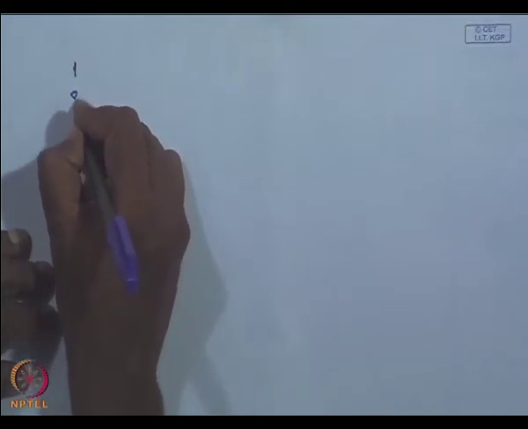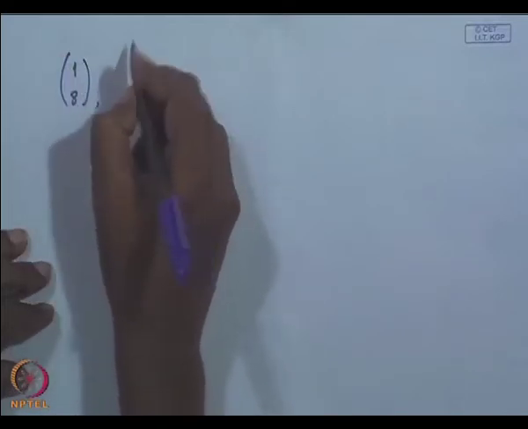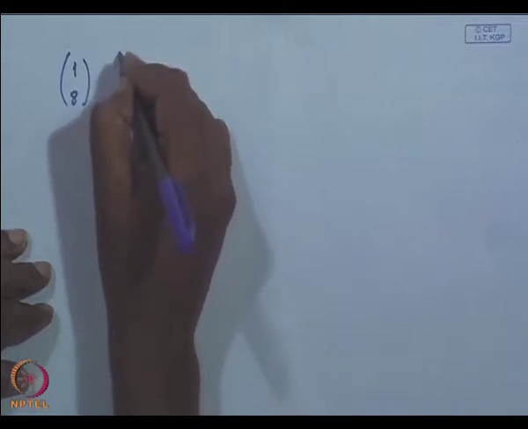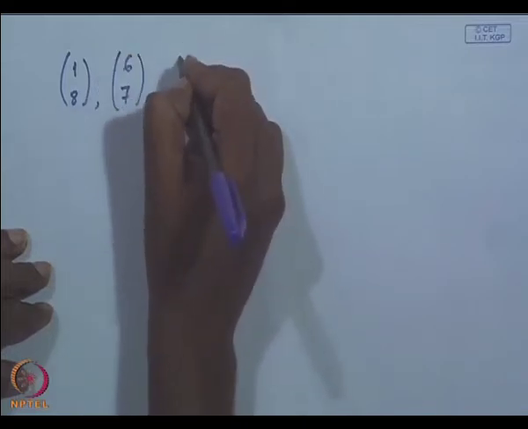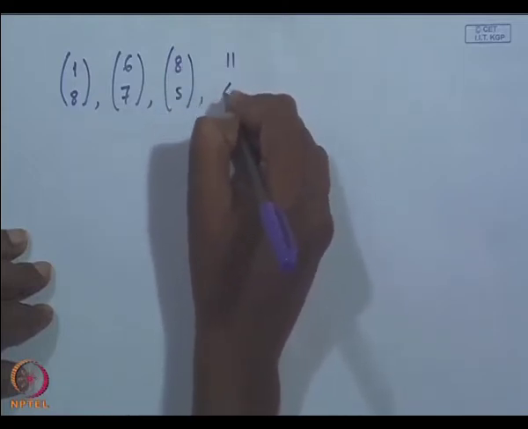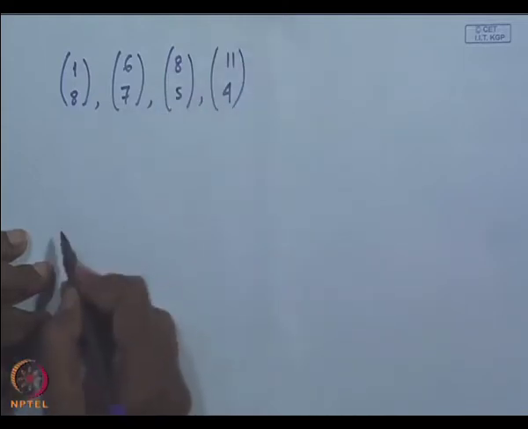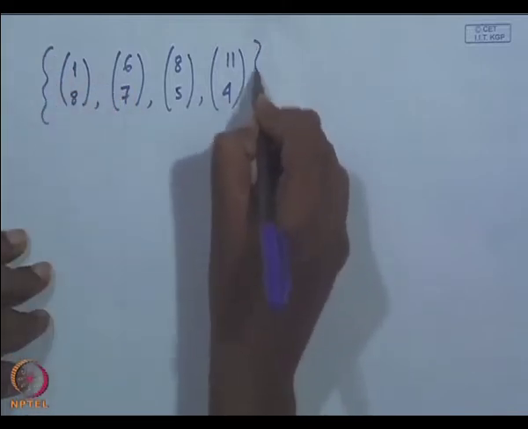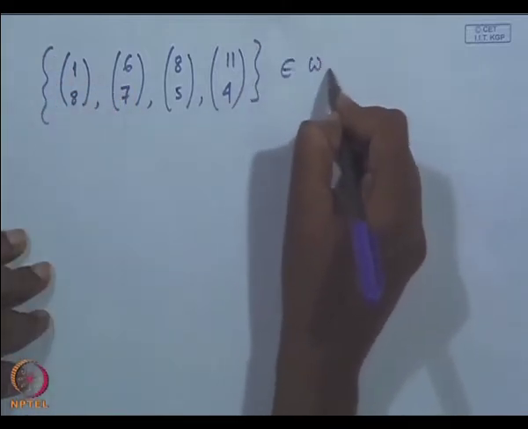Suppose you have been given a set of feature vectors, say 1, 8, 2-dimensional feature vectors, then 6, 7, then 8, 5, then 11, 4. So, this is the set of feature vectors which are taken from class omega 1.